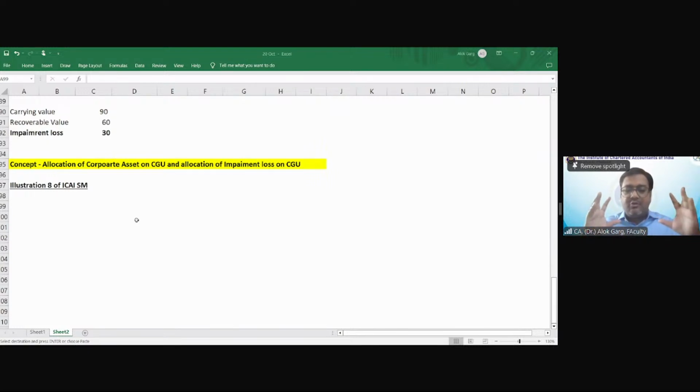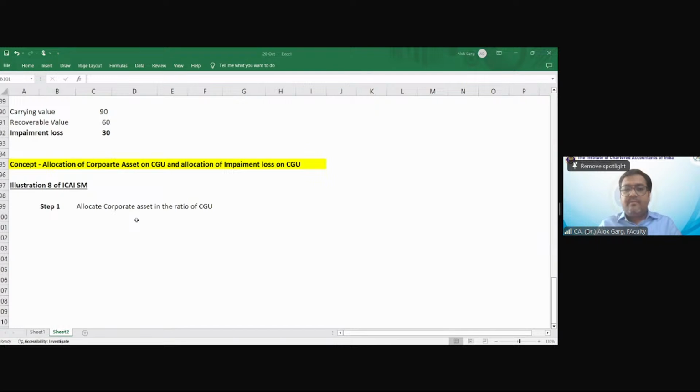In the business, there are 2 cash generating units, A and B, and a head office building worth 10 million, which supports both units. So this 10 million has to be allocated in the ratio of CGU, 20:30. So 4 and 6 need to be allocated.